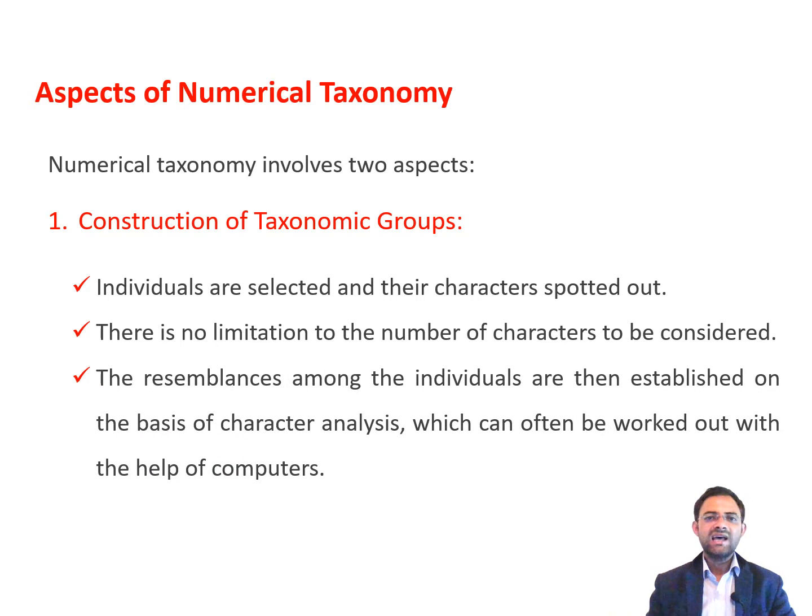The resemblance among the individuals is then established on the basis of character analysis, which can often be worked out with the help of computers, the accuracy of which depends on the appropriateness of the characters. The best way to delineate taxa is to utilize the maximum number of characters with similar weightage given to all of them.